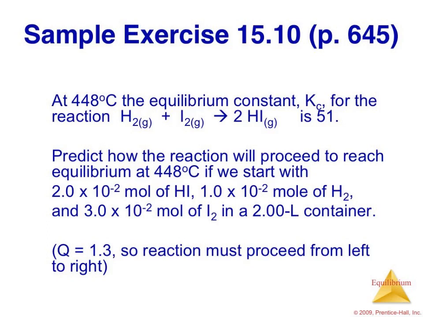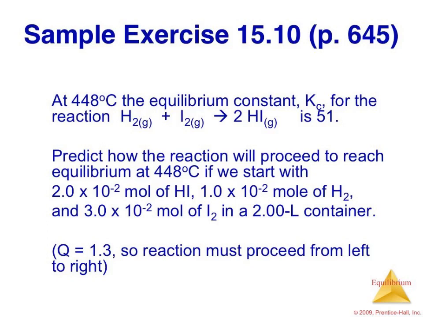Here's an example of a type of exercise that you might have with this. At 448 degrees, the equilibrium constant for the reaction H2 plus I2 yields 2HI is 51. So they're giving you your K. But then they give you initial concentrations: 2 times 10 to the negative second moles of HI, 1 times 10 to the negative second moles of H2, and 3 times 10 to the negative second moles of I2.